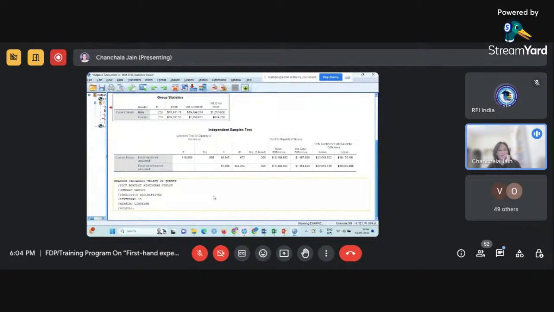I think it will take a few seconds. Anyone who has got the output?